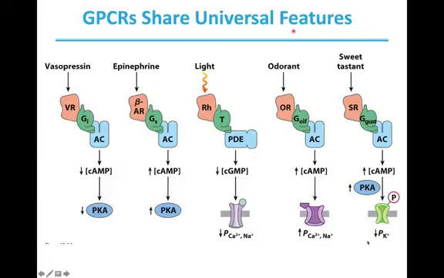GPCRs share universal features. All well-studied signal transducing systems that act through heterotrimeric G proteins share common features that reflect their evolutionary relatedness.